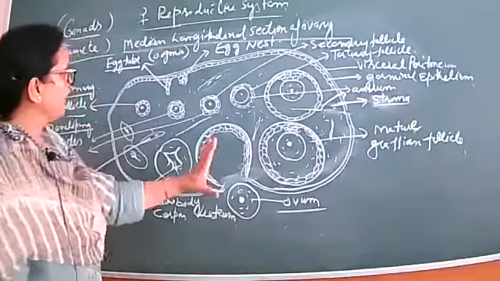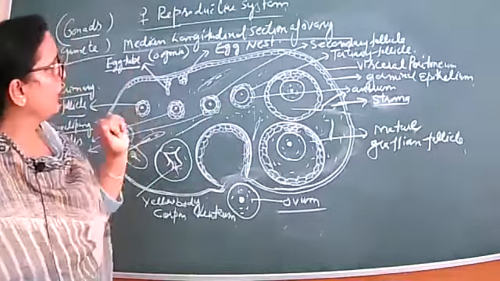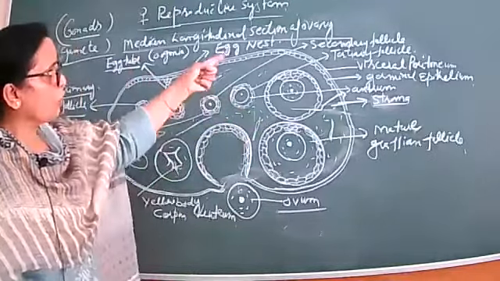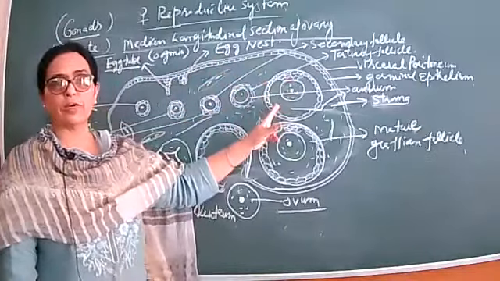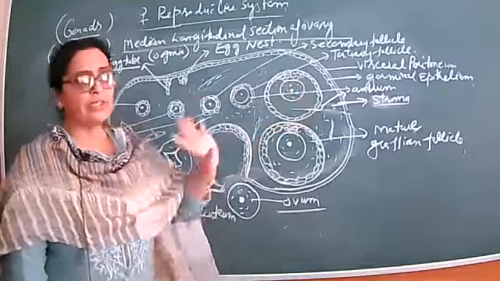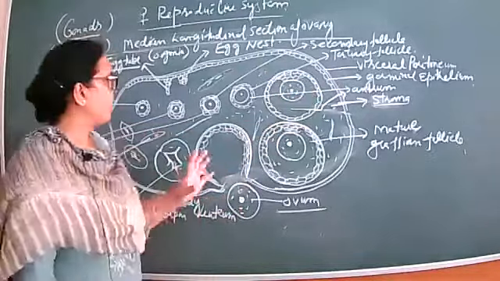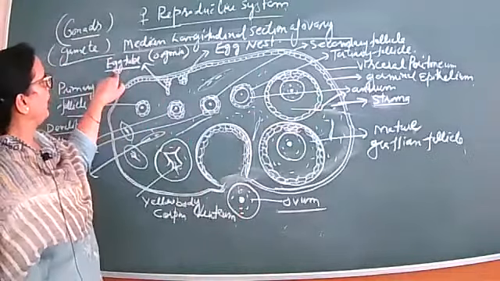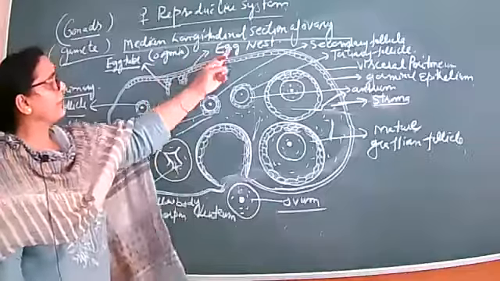Okay, so once again I repeat that the ovary is having two layers. One is the outermost layer, the visceral peritoneum, and the germinal epithelium, the innermost part of that. And the germinal epithelium undergoes mitotic divisions to form a number of cells, a group of cells in the form of cord, egg tube, in the form of globular mass, that is the egg nest.